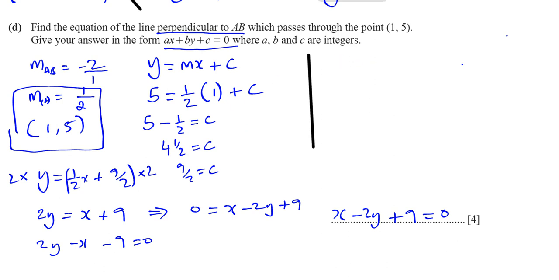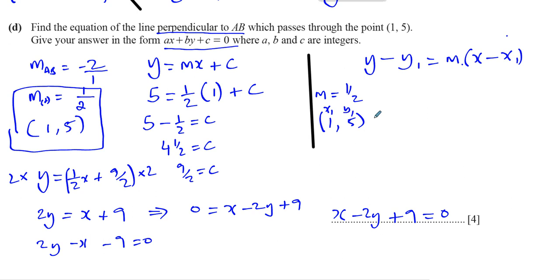Now m is the gradient as before, which is a half, and x1 and y1 are the coordinates of the point that we've been given. So x1 is 1 and y1 is 5. So you have y - 5 = 1/2 (x - 1).